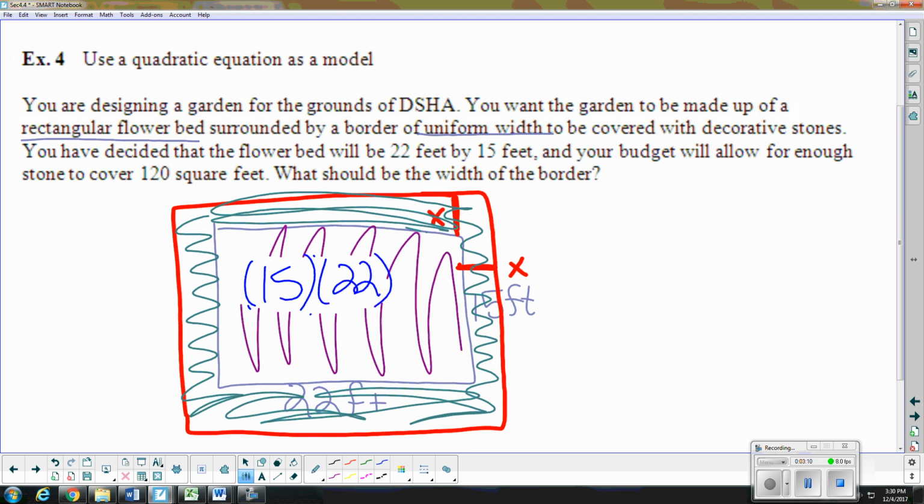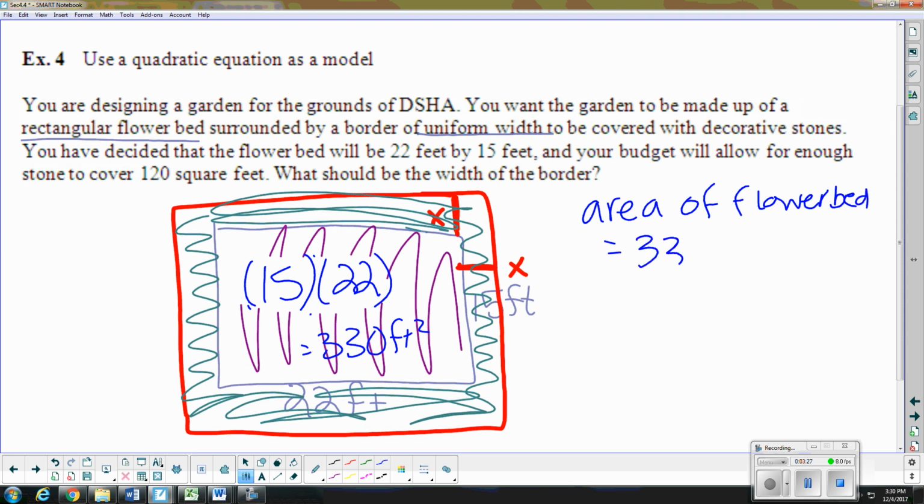So that's my length times my width. That equals 330 feet squared. So my area of the flower bed equals 330 feet squared.